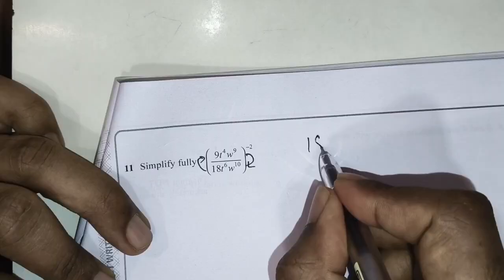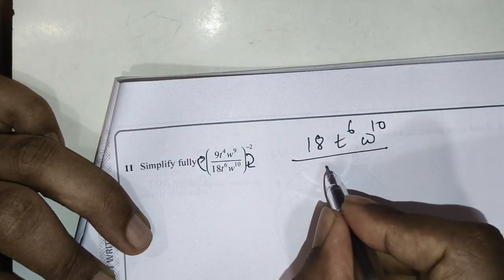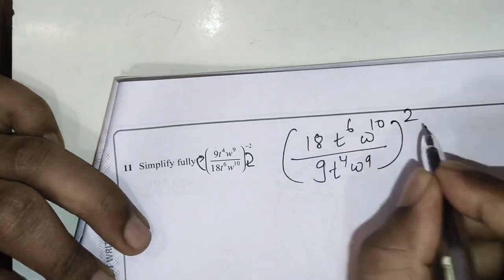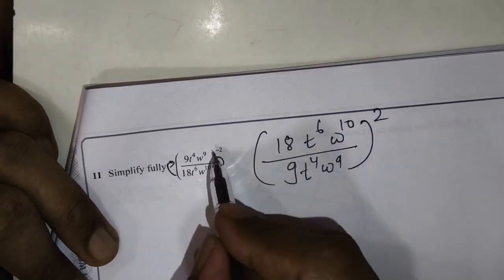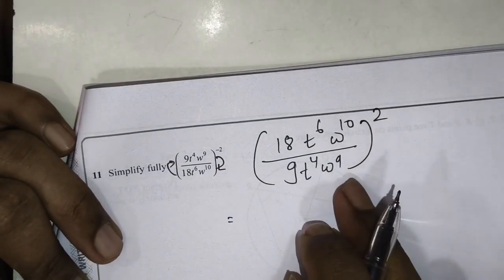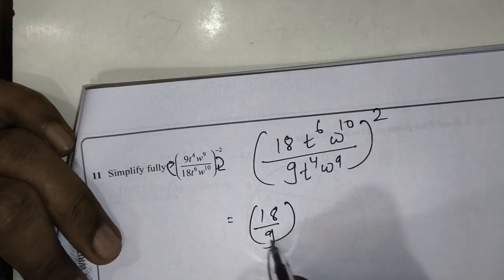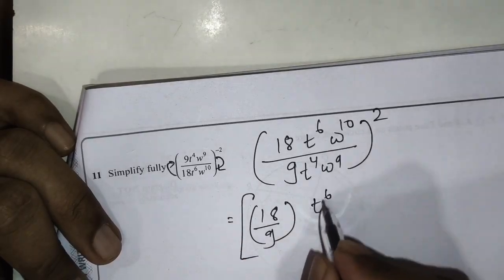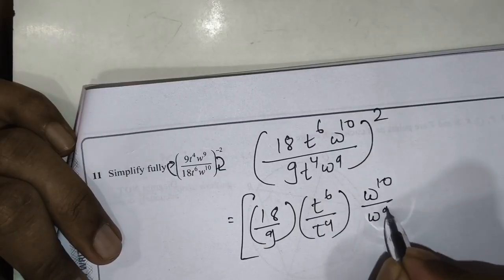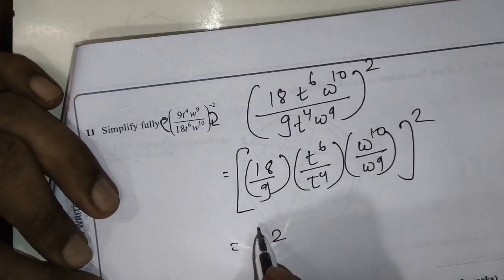So now my new expression becomes 18t raised to 6 w10 upon 9t raised to 4 w raised to 9, the whole thing raised to 2. So by inverting this, you eliminate your negative sign. Now just simplify that. So 18 upon 9, correct? T6 upon T4 and W10 upon W9. Square of this, correct? 18 upon 9 is 2.